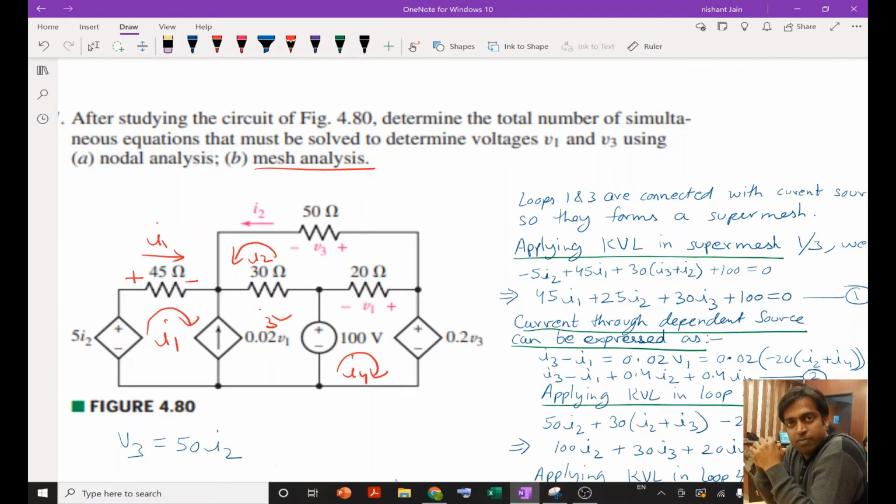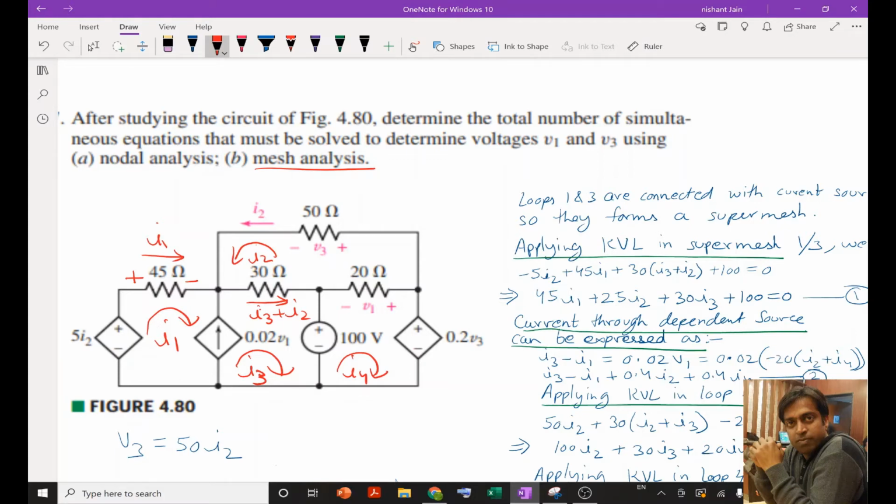Current through this 30 ohm will be I3 plus I2, because the direction of I2 and I3, both, is from left to right.